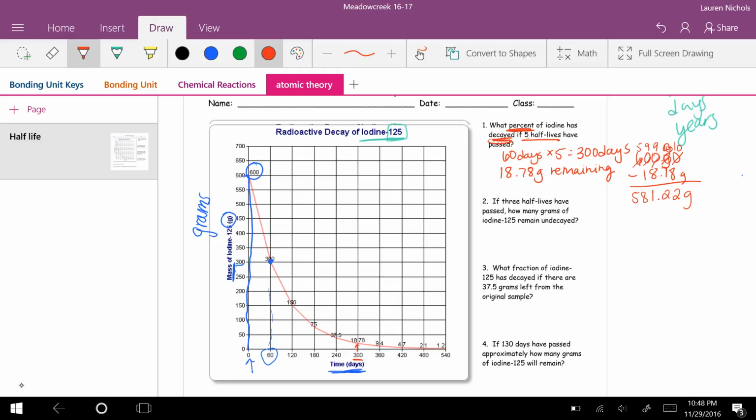Now, I should have my calculator out, but I didn't, so I was doing that mental math. So if I was wrong, double check me and change my answer. But that's how many grams has decayed.